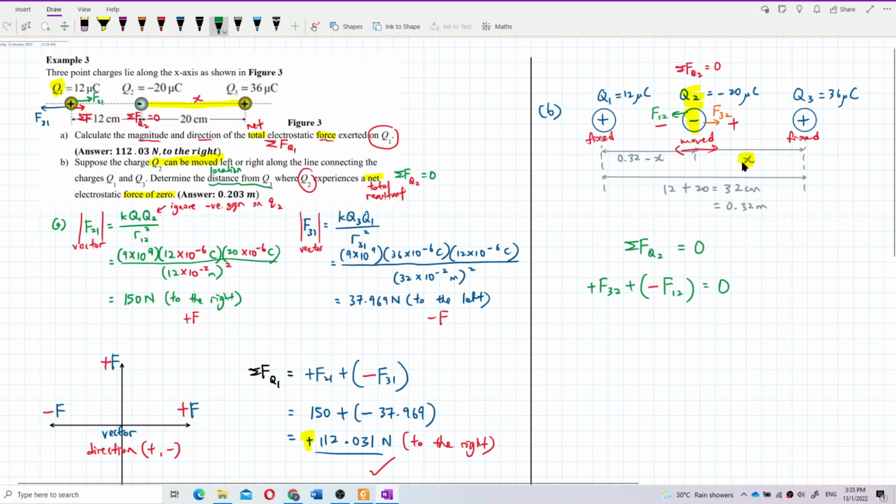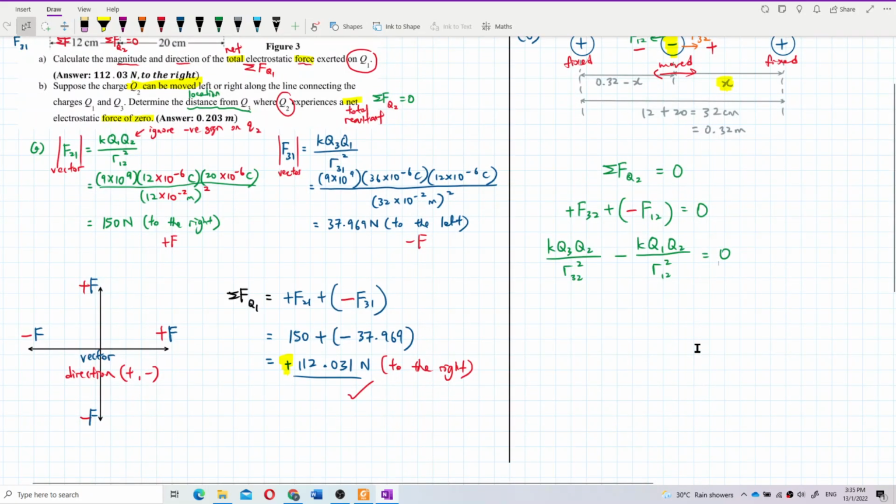So we have k q3 q2 over r32 squared, and then negative k q1 q2 over r12 squared, equal to 0. This is negative because the direction is to the left.